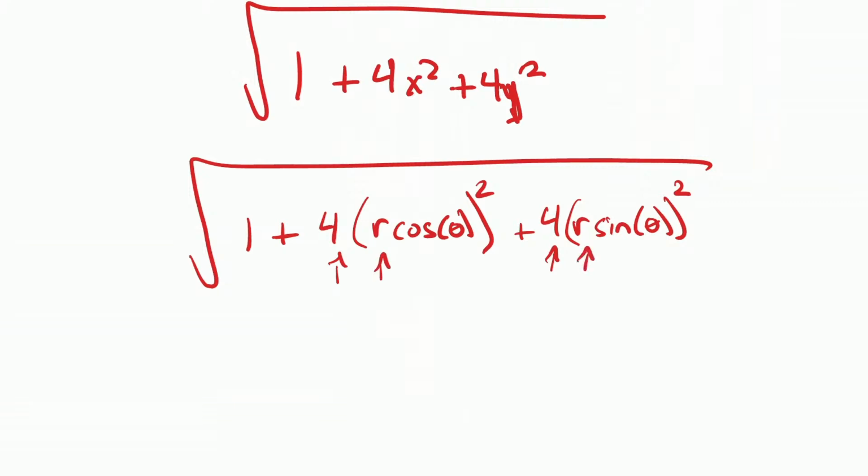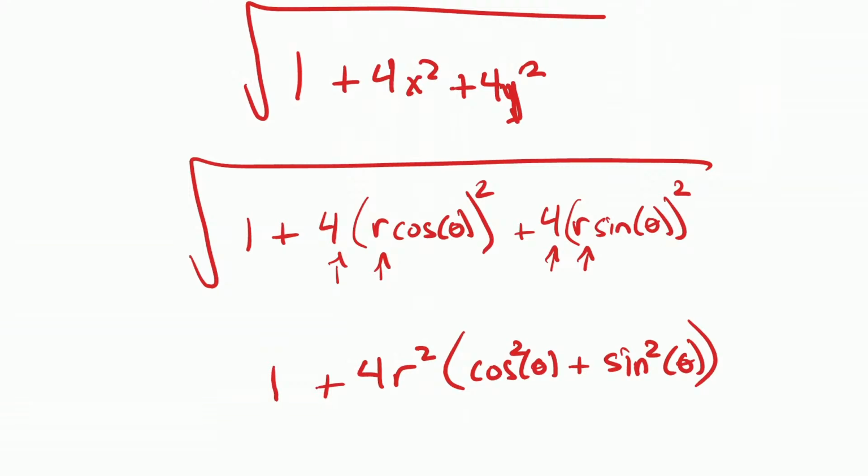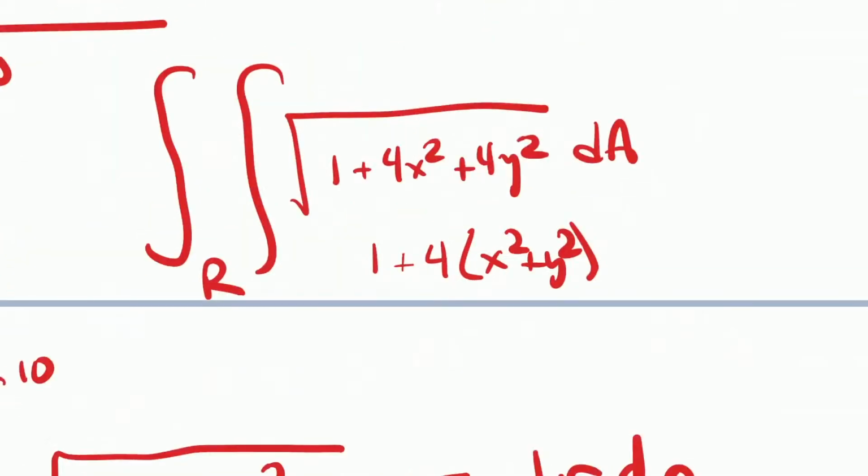You can factor that out. You'll be left with 1 plus 4r squared times cosine of theta squared plus sine of theta squared. And it gets you the same thing as what we had, because that's just 1 there. So anytime you see this, instead of using sines and cosines, just remember that x squared plus y squared is r squared. It's much simpler, but you could do it that way, and there's nothing wrong with it. It just involves a few extra lines.